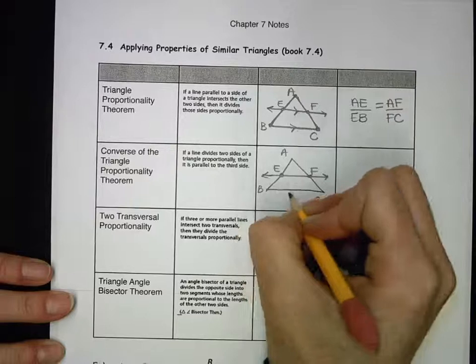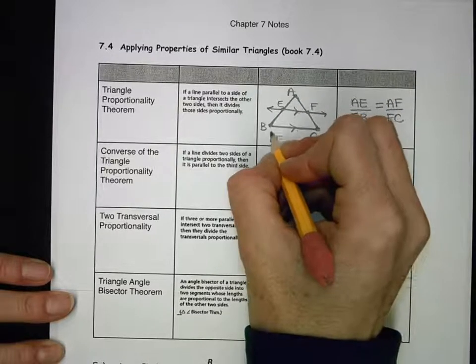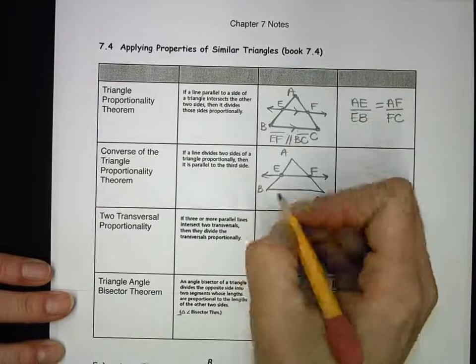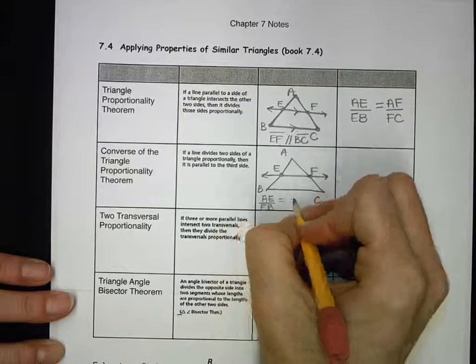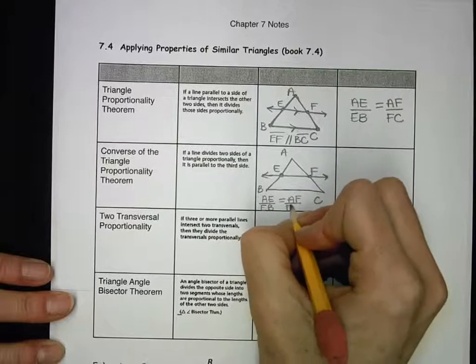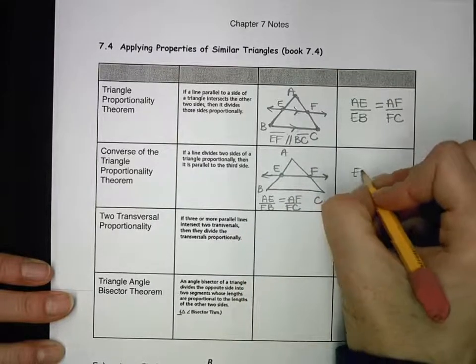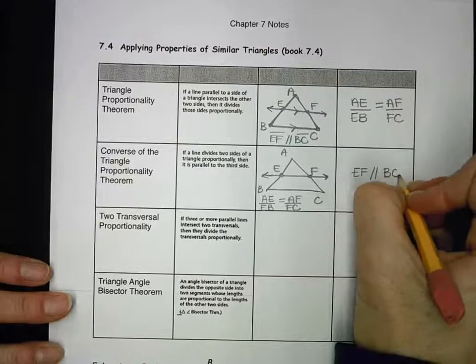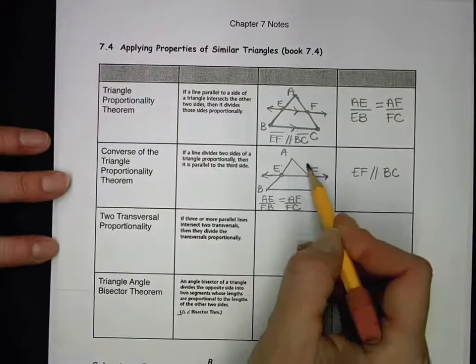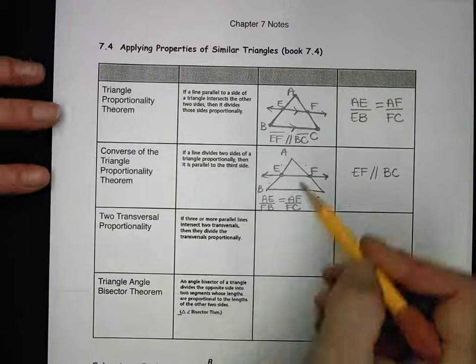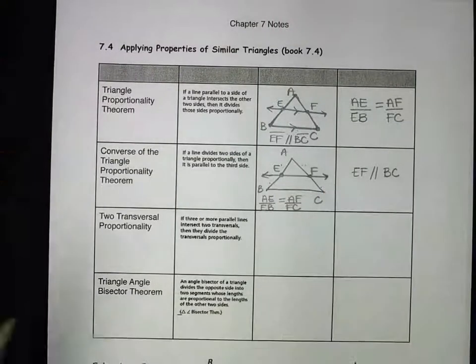If we know that AE over EB is equal to AF over FC, then we can say that EF is going to be parallel to BC. So one just says if the lines are parallel, then this over this is going to equal this over this. And the other one says if we know this over this equals this over this, then we know the lines are parallel.